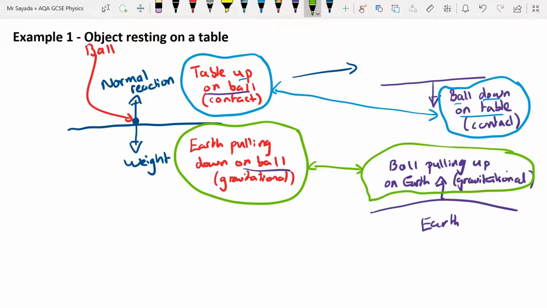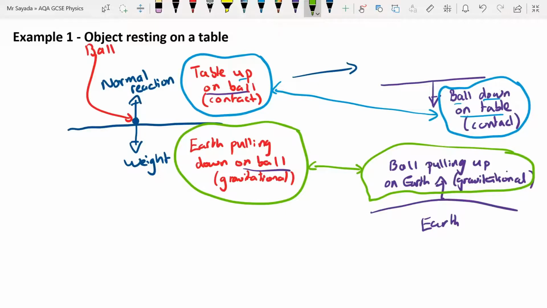So the correct answer for that is, well, the Earth has a crazy big mass, 6 with 24 zeros kilograms. That's a really big number, 6 million billion kilograms. Whereas the ball might weigh a few hundred grams. The mass of the Earth is so big that the effect of that force is much smaller on the Earth.